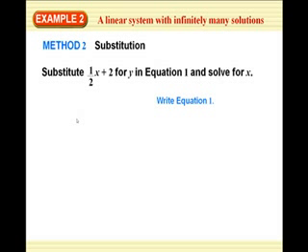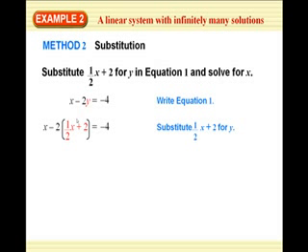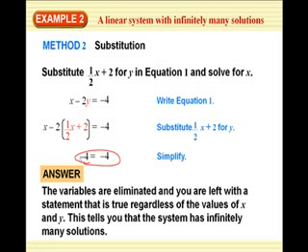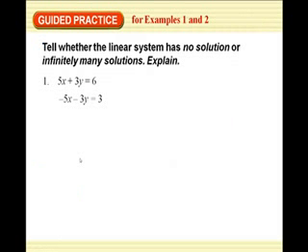Now, substitution or any of the other methods that we have learned, when you eliminate it or try substitution, you won't end up with any variables. Again, the variables will all cancel out, and you'll end up with a true statement like -4 equals -4. So you would say true, so that must be many.